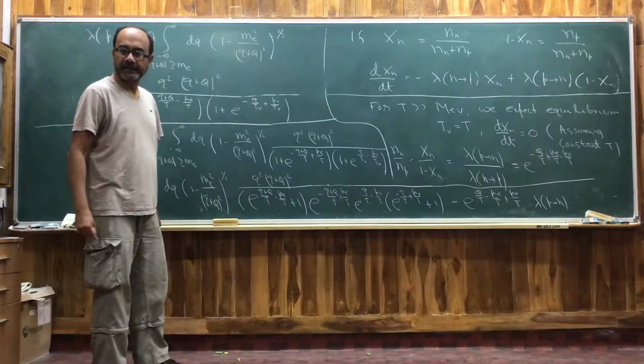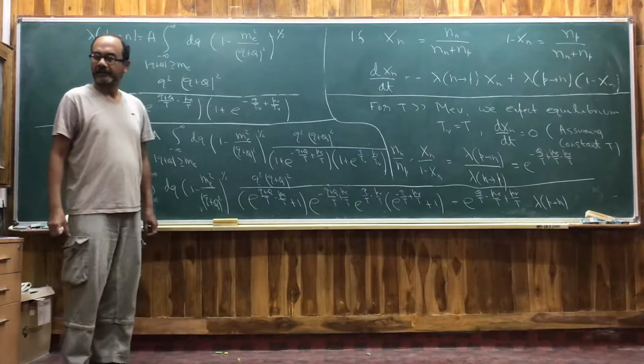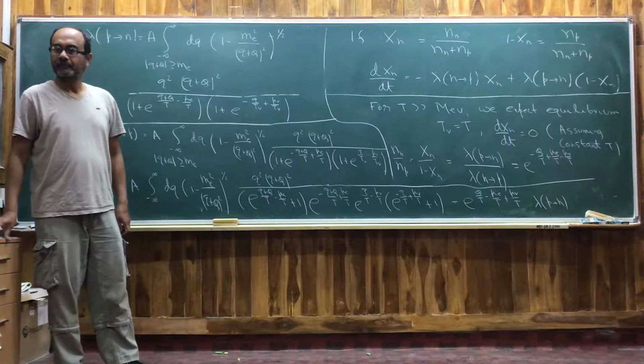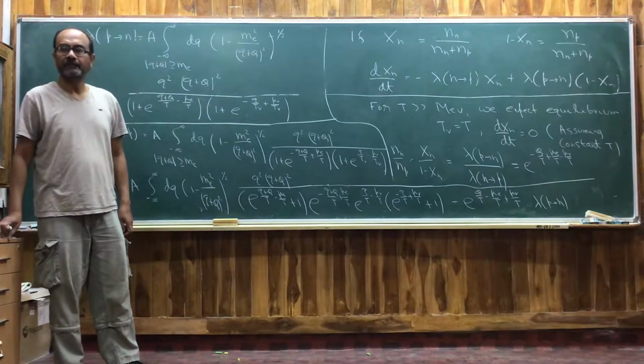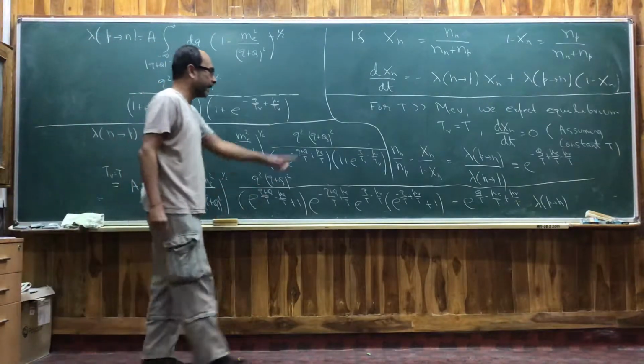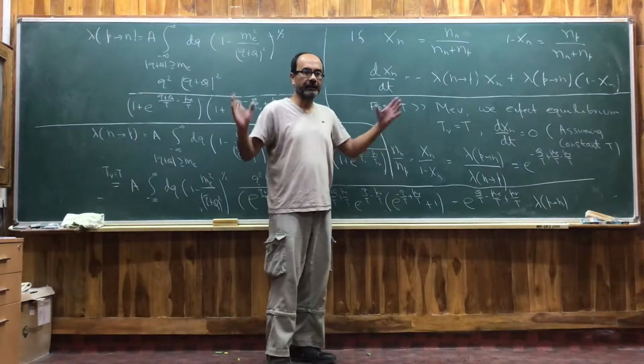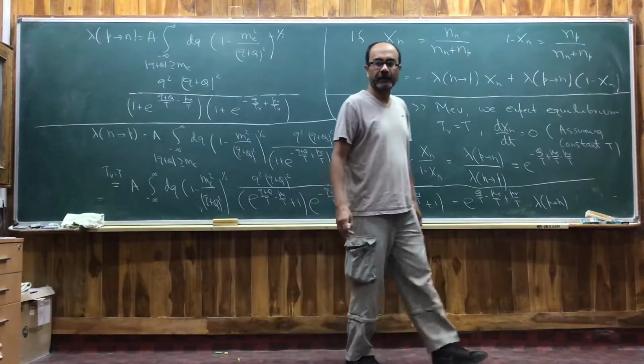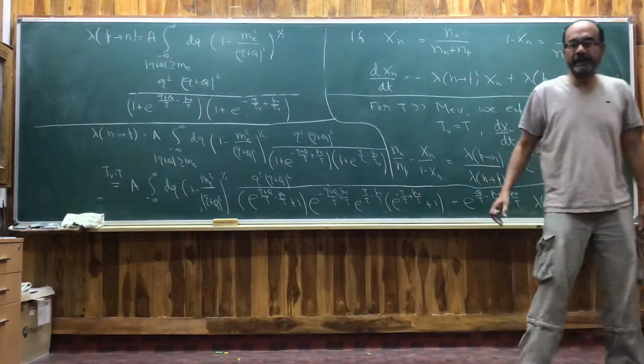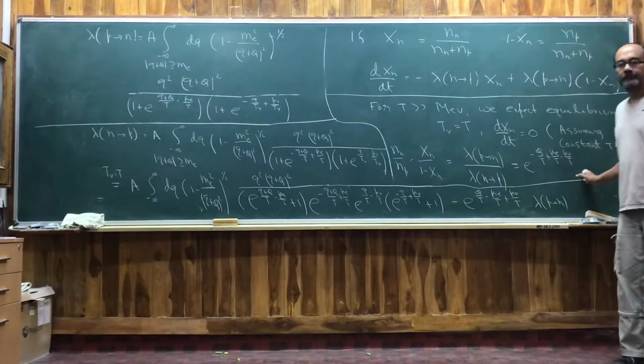Nn over Np. Where did this come from? Yesterday we calculated Nn over Np assuming thermal equilibrium, an equilibrium gas of neutrons and protons. We calculated Nn over Np and we got exactly this number.